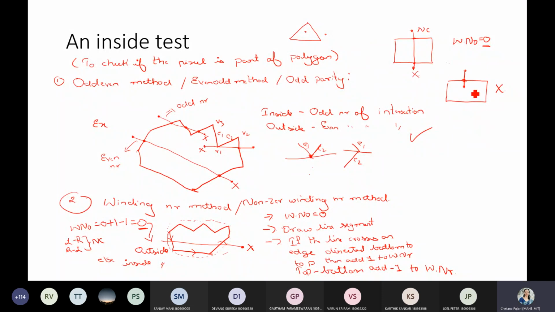Maybe we have to rotate it and see. I have not explored this, but I'm just thinking maybe that is the way. If we rotate it, your diagram will look something like this. At that time it will work.